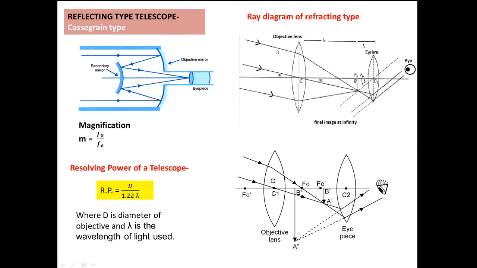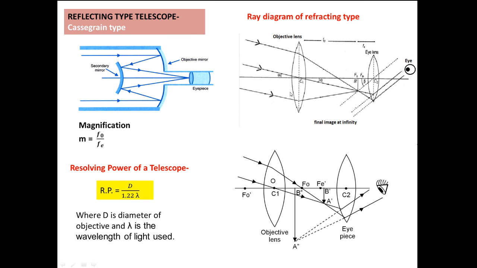In the lens, the medium of light changes, so there's chromatic aberration, meaning different colors travel with different speeds due to their wavelengths. But in reflection, light remains in the same medium, so there's no chromatic aberration.